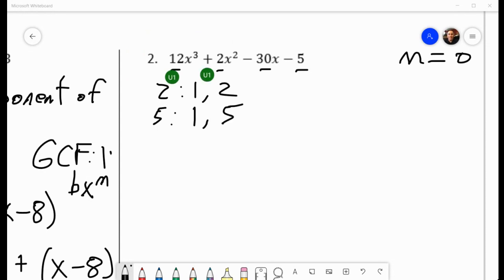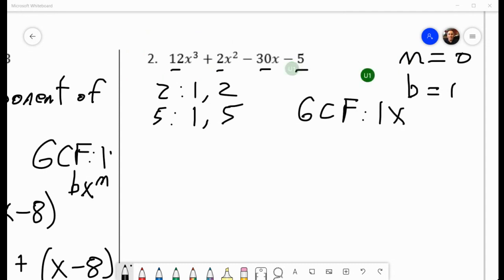Well, right away, you could tell me that the GCF of the numbers has to be 1, because these two numbers alone, 2 and 5, only have a common factor of 1. So you could take that B to be 1. So our GCF here must be just 1. X to the 0, I guess, if you want, which is 1. In other words, you can't factor out the GCF in the beginning.